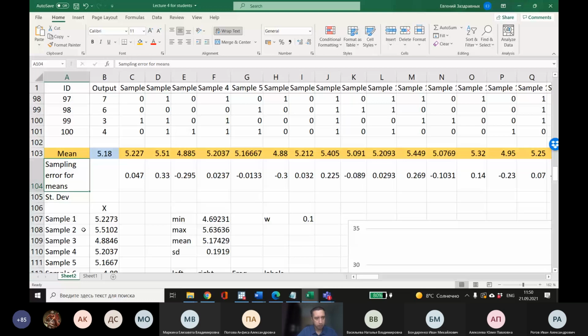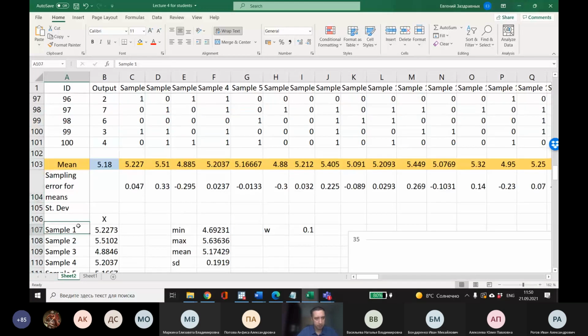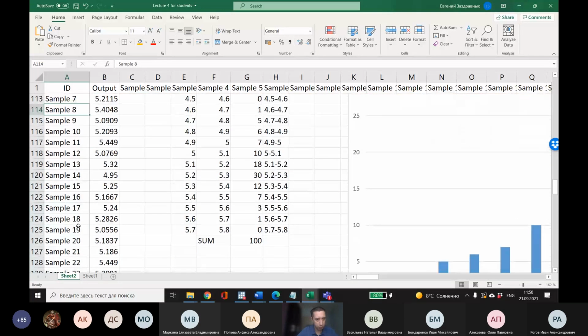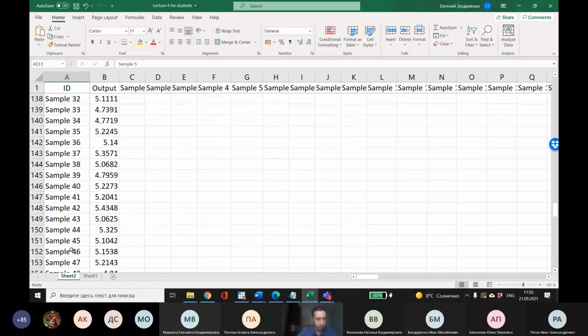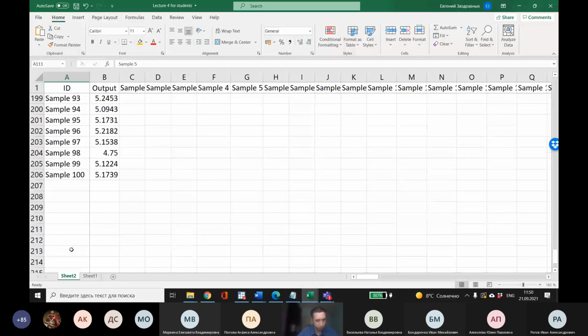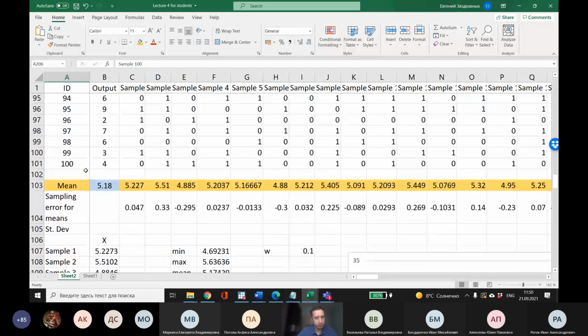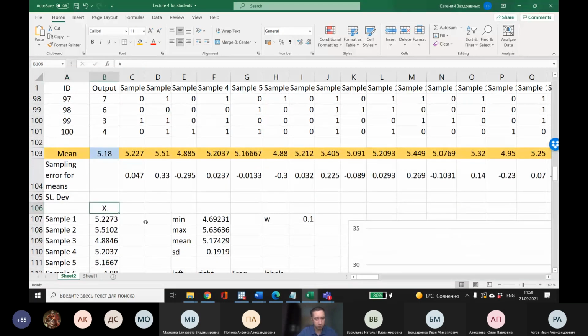Yeah. Well, look. Now let's create a data set. First, we have to name our rows. It is sample 1, 2, 3, 5, 7, and up to sample 100. Look, it is our first column. The second column should be full of our sample averages.